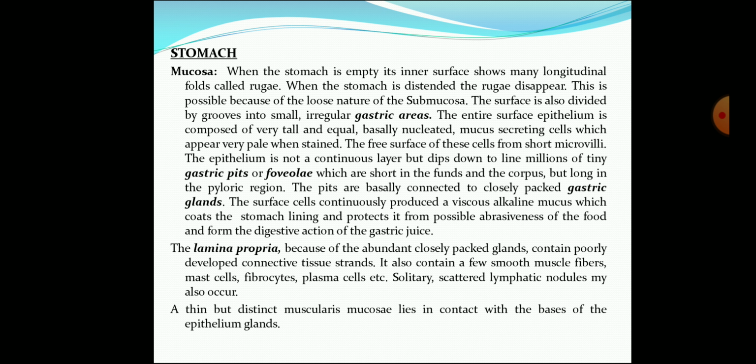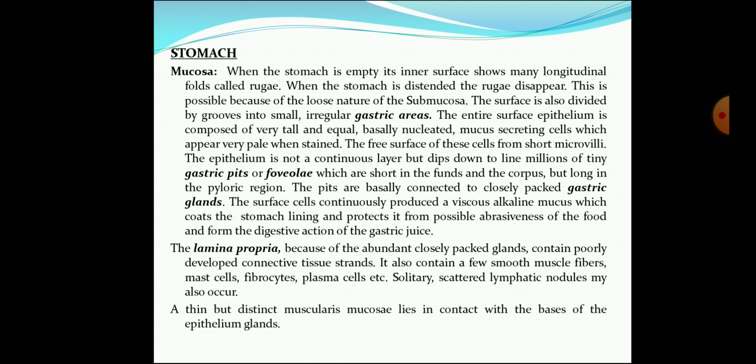The surface cells continuously produce a viscous alkaline mucus which coats the stomach lining and protects it from abrasiveness of the food and from the digestive action of the gastric juice. Goblet cells are characteristically absent from the gastric mucosa.